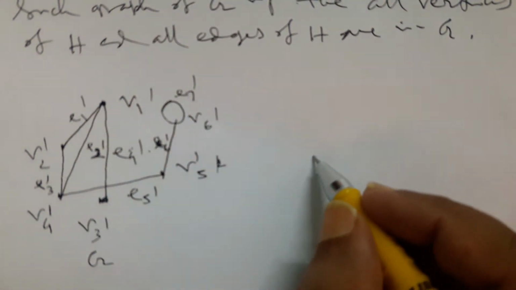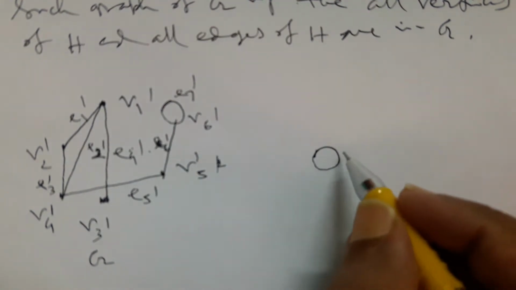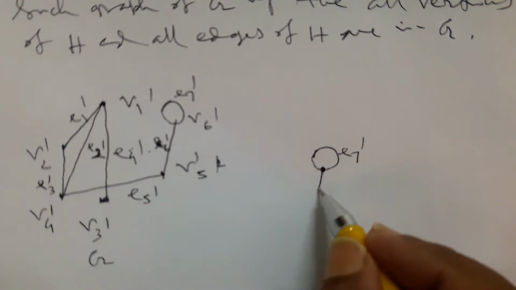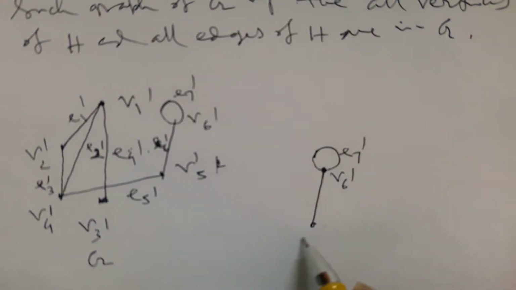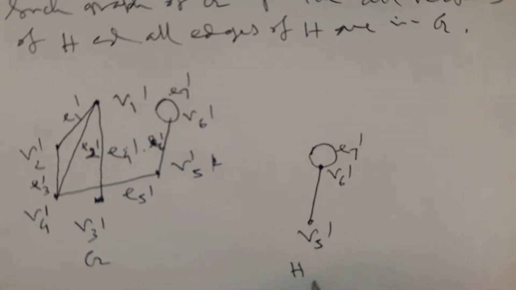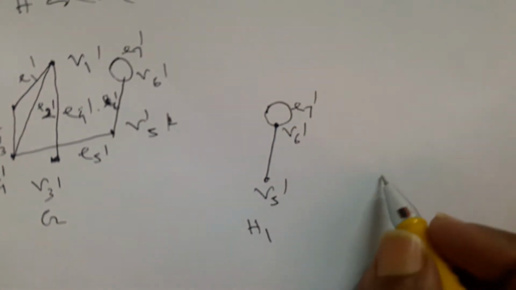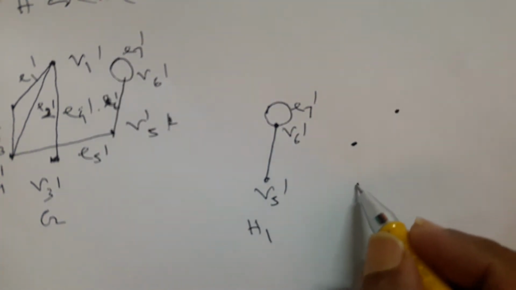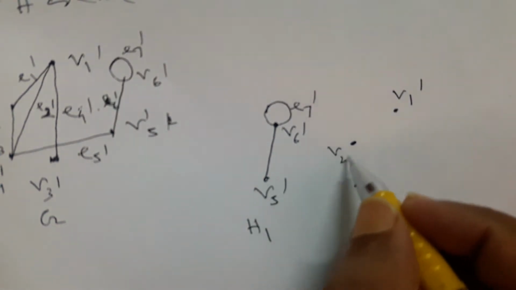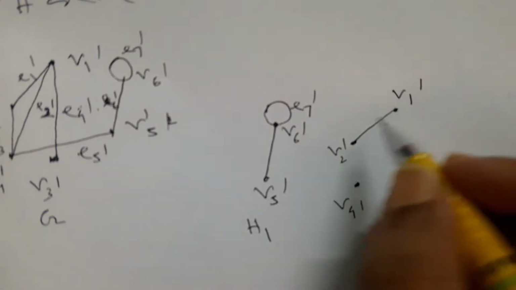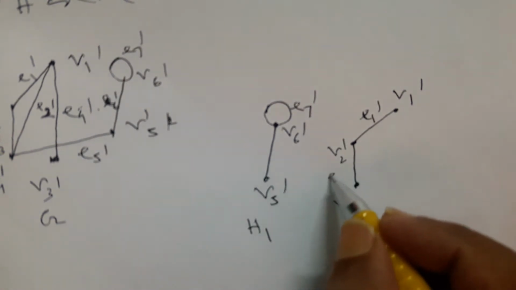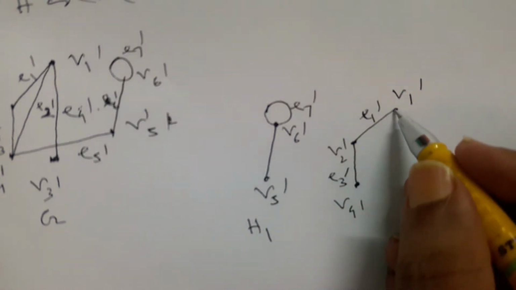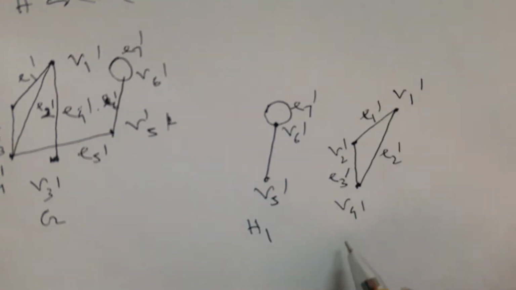So if we consider this type of graph as G, and then another one with E7 dash and V6 dash and V5 dash, we consider it as H1, and another one like this, V1 dash, V2 dash, V4 dash, with E1 dash, E3 dash and E2 dash, is considered as H2.